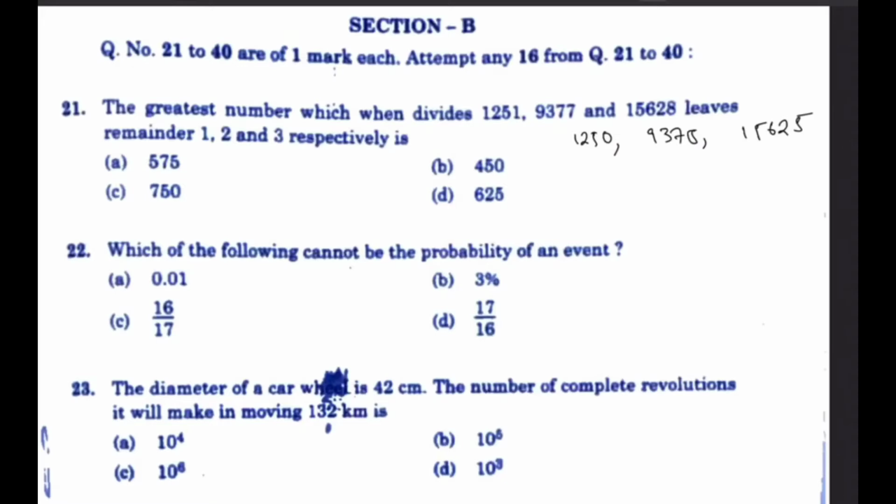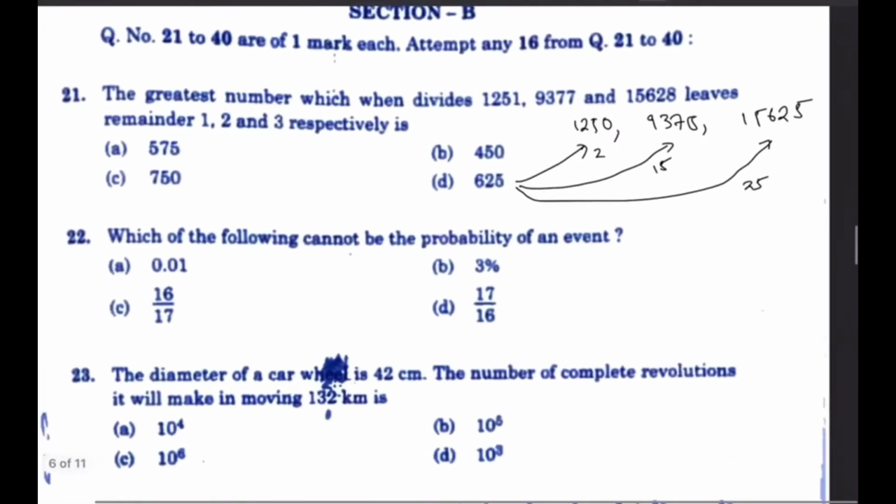Yes, because you see 625 times 2 is 1250. 9375, so if you see 6250 plus another 6250 plus 3125, so this is 15, and this similarly is 625 times 25. So since the HCF of 2, 15 and 25 is 1, their HCF has to be 625. So this is what we were trying to solve.